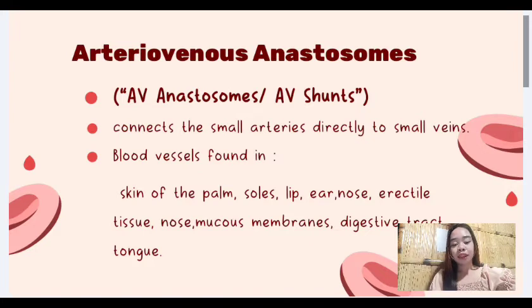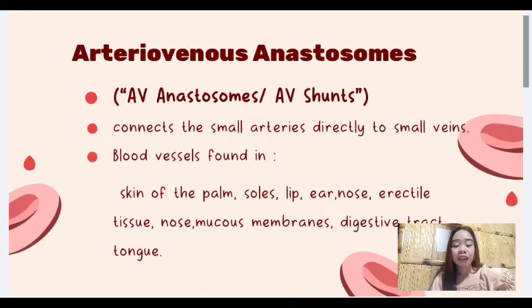Arteriovenous anastomoses are also called AV anastomoses or AV shunts. These are a direct connection between small arteries and small veins. The small arteries connect directly to the small veins.